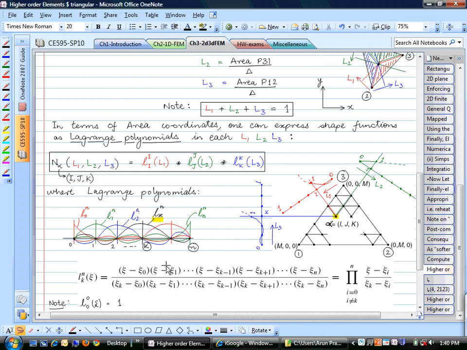In fact, it will go to 1, because in the denominator we are going to multiply the exact same terms that we had in the numerator, except we'll substitute the value ck for c. So this function will go to 0 at all the points except ck, and when you substitute c equal to ck, the numerator and denominator are exactly the same, and this will cancel out to give you 1. Okay, so this is how we construct Lagrange functions in one dimension.